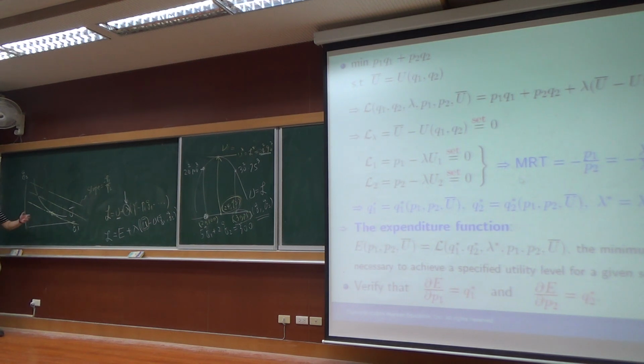So the least money I spend to reach your requirement U bar is the solution. Okay? What about if the requirement is raised a little bit to U double bar? So now you will see U double bar is higher than U bar, right? So the requirement of the utility level is raised a little bit, and we may have another solution here, right? This would be the new solution.